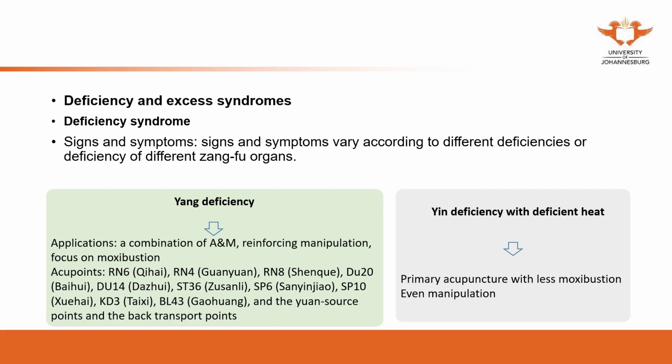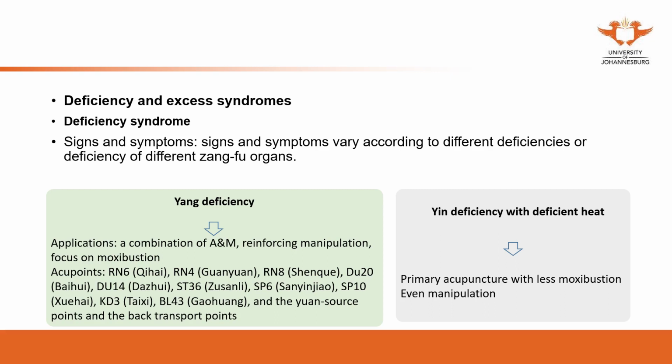We know hai means the sea or the ocean. So Qihai means the sea of qi, which means the qi gathers at Ren 6. That's why we can reinforce. This point is very good at reinforcing.